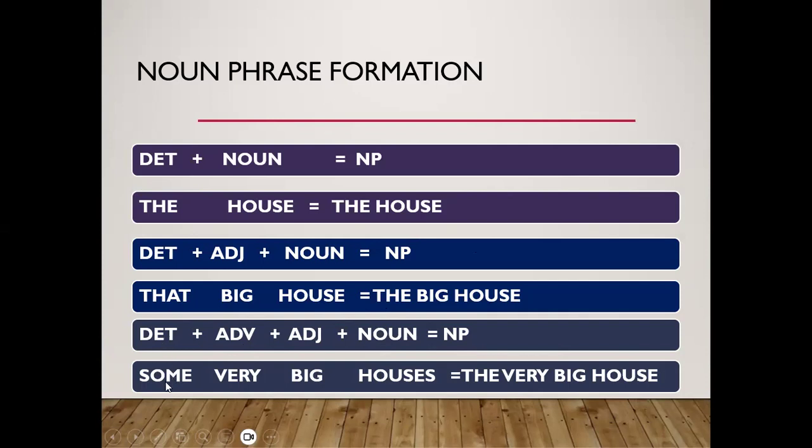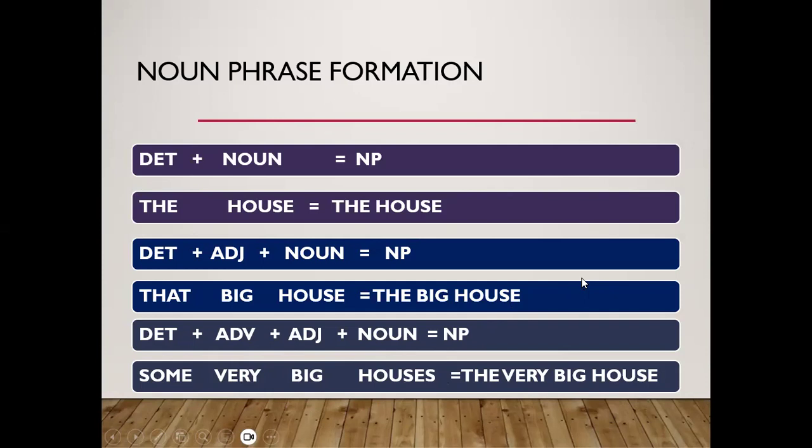So we have determiner some, adverb very. An adverb is a word that gives additional information to a verb. Then adjective big, and the noun houses. So here we have some very big houses. All together, you can still call them a noun phrase.